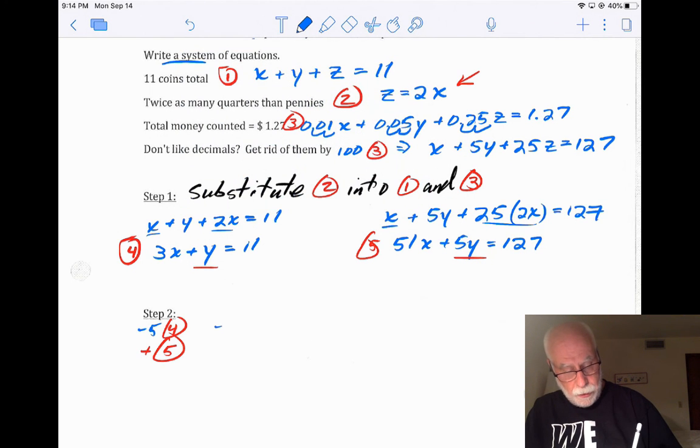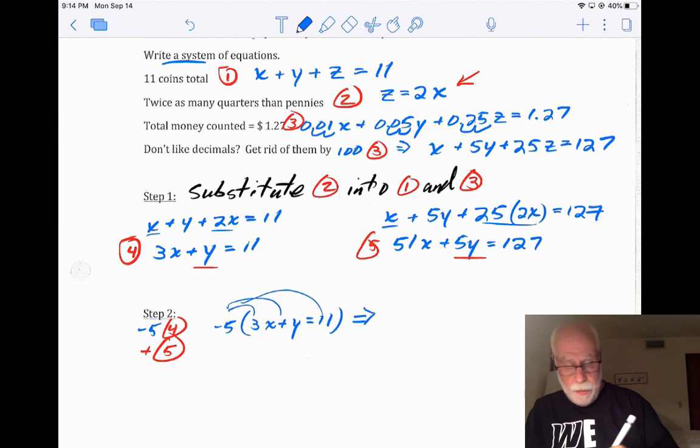So I'm going to take -5, and I'm going to multiply it to 3x plus y equals 11. So again, distributing it out all the way through, ladies and gentlemen, that'll give me -15x minus 5y is equal to -55.